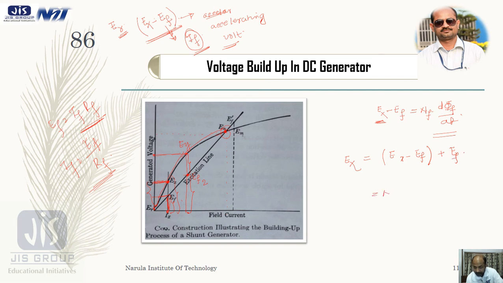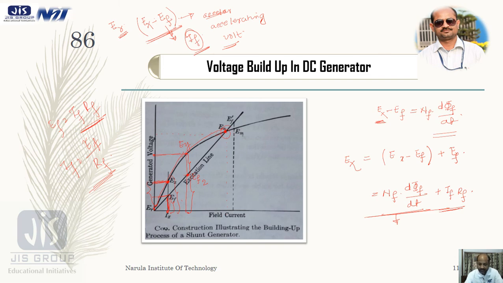That means EX equals NF d phi f by dt plus IF RF. So this is the equation which governs any change of voltage and current in an inductive circuit.